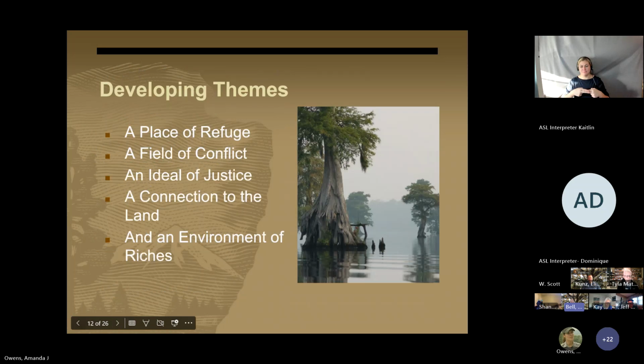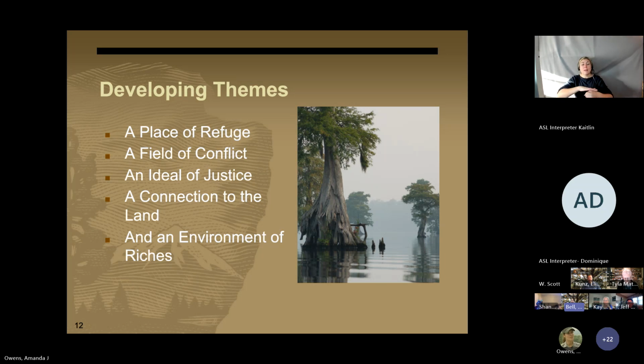Through our research and through our outreach to stakeholders and the experts that we spoke with, we identified some themes. And again, we would love your input and your thoughts on whether you think these themes are reflective of what's happening in the Great Dismal Swamp, or if there are others that we should also start to look at more thoroughly. So we are seeing that this place is a place of refuge.